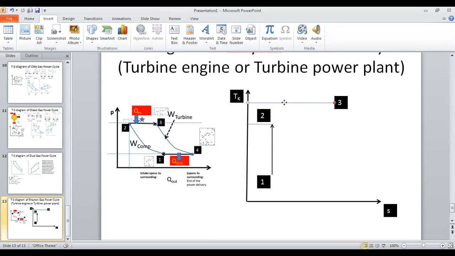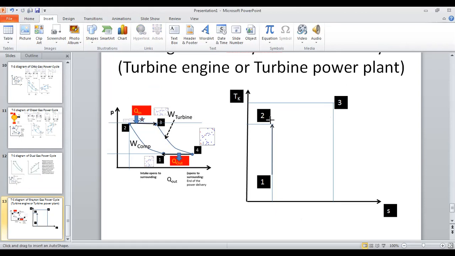Same way, the entropy here is 3 this way. So your S2 is here, same as S1. You can see S3 is higher than S2, and T3 is higher than T2.